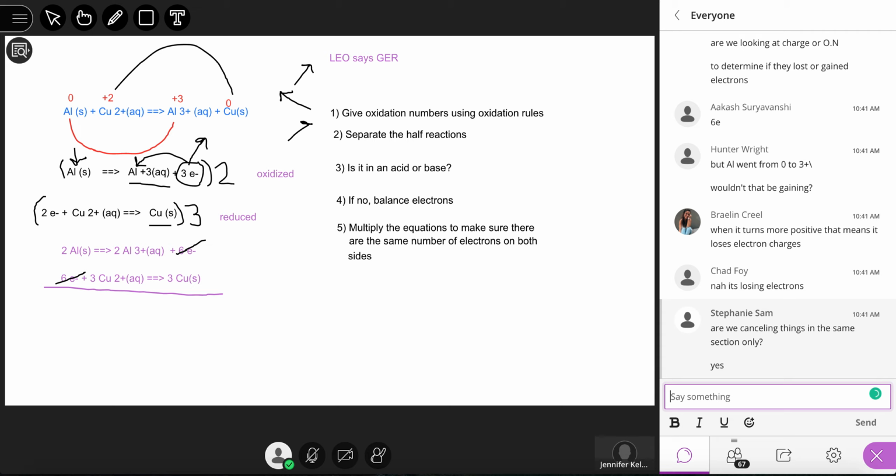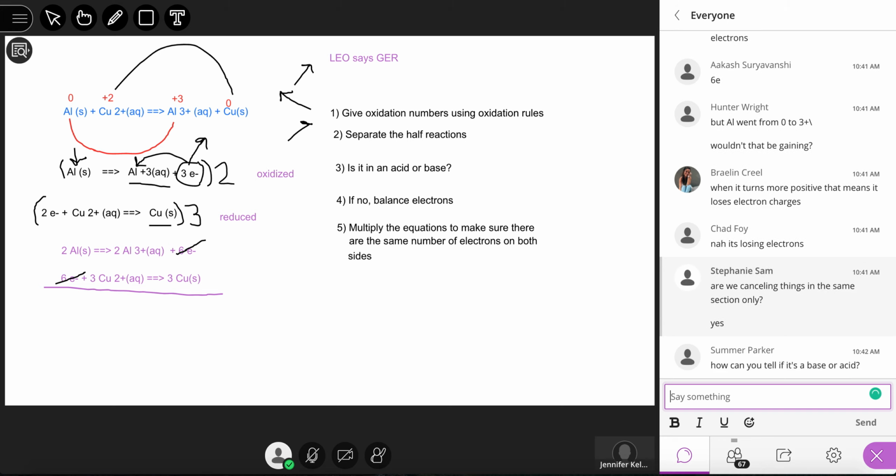And then I'd have the arrow. And then on the right, I'd have 6 electrons, 2 aluminum 3+, and 3 copper. So then I would have 6 electrons on both sides, and I would cancel them. The only reason I'm canceling them here is just as a shortcut.